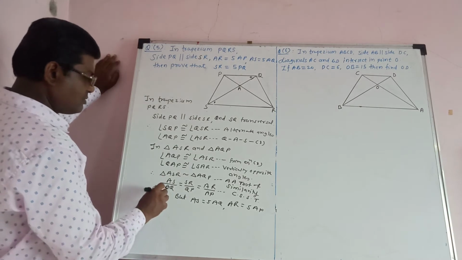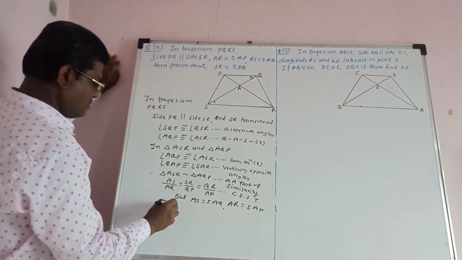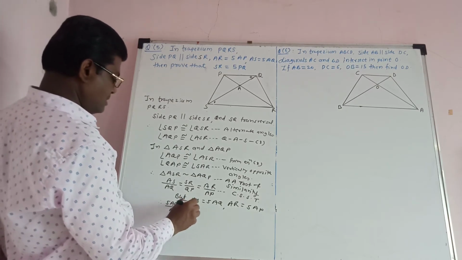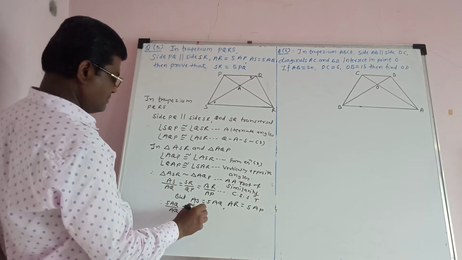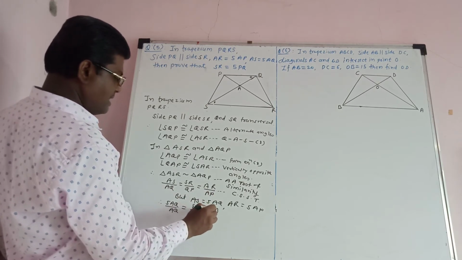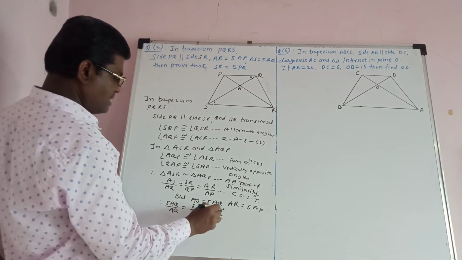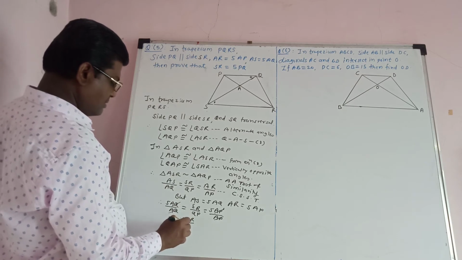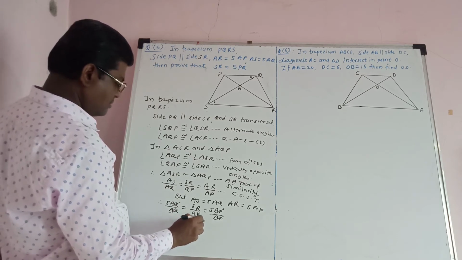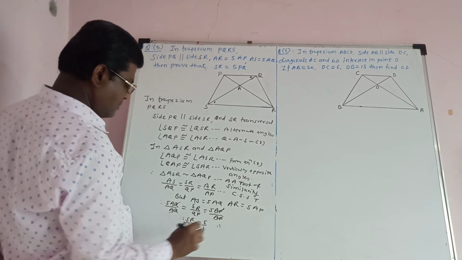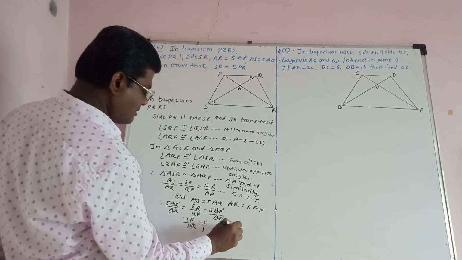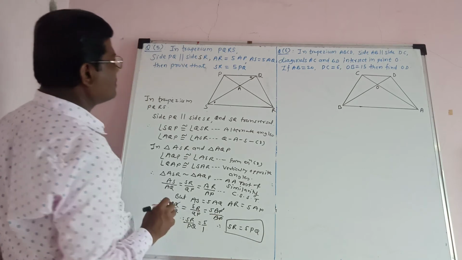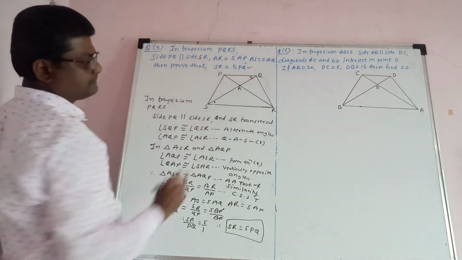Now put AS is equal to 5 AQ, therefore 5 AQ upon AQ is equal to SR upon QP is equal to 5 AP upon AP. AP gets cancelled, AQ gets cancelled. Therefore SR upon PQ is equal to 5 is to 1. Therefore SR is equal to 5 PQ, by cross multiplication, which is proved here.